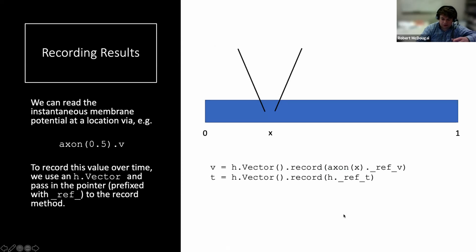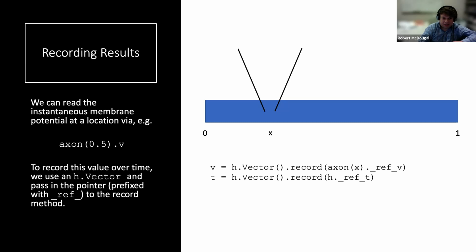All right, so we're almost there. I've been talking a lot, but we've described our model, our structure. We've connected a bunch of things. We've inserted ion channels. We've added maybe a current clamp to get everything going.